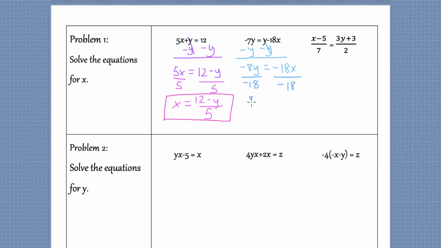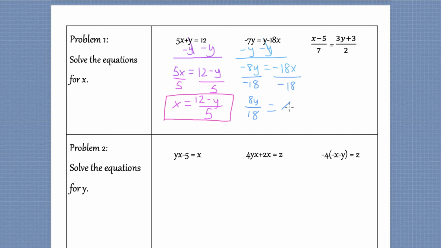So that's going to be 8y over 18, which is going to be equal to negative 18x divided by 18 just leaves us with x. But this is not our final answer because this can be simplified more.